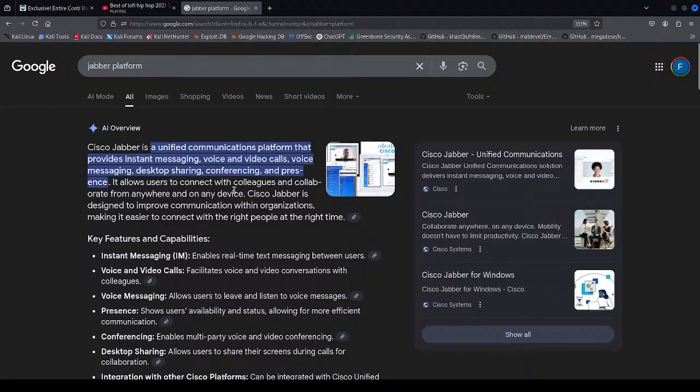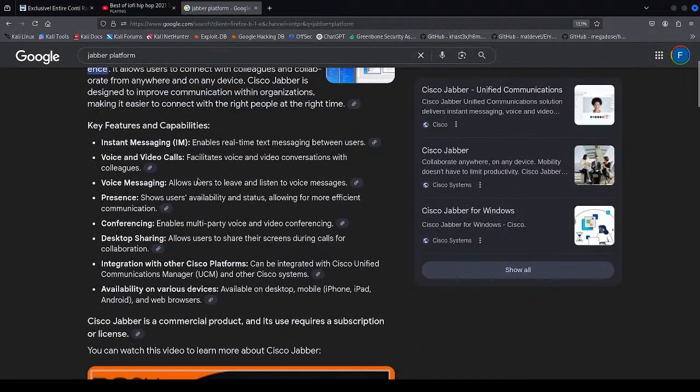It allows users to connect with colleagues, collaborate from anywhere on any device. Cisco Jabber is designed to improve communication within organizations, making it easier to connect with the right people at the right time. Key features and capabilities: instant messaging enables real-time text messages between users, voice and video calls, voice messaging, presence, conferencing, desktop sharing.